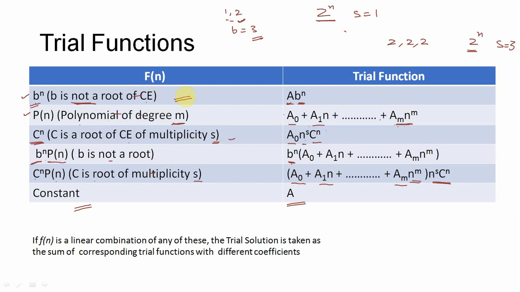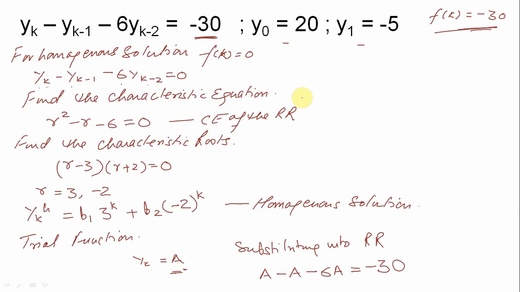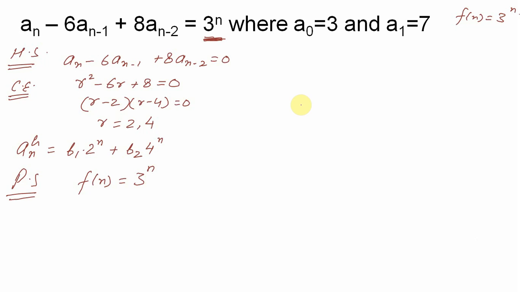That means this is the case. So the trial function is a into b to the power n. So using it over here, I get the trial function as a into 3 to the power n.